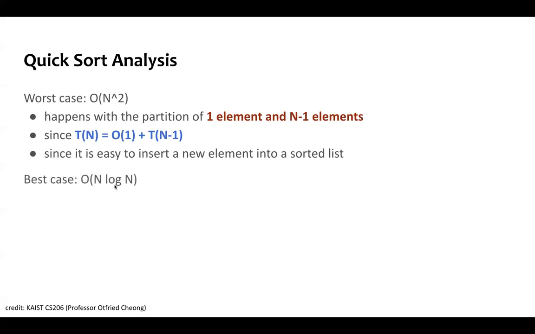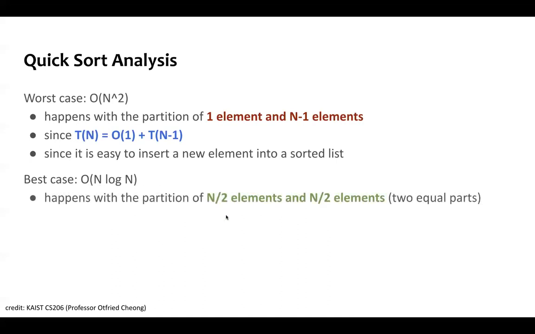And the best case is time complexity of O(n log n). This happens when we partition the items into exactly two equal parts, half elements on the left and half elements on the right, because the time complexity is going to look like this.